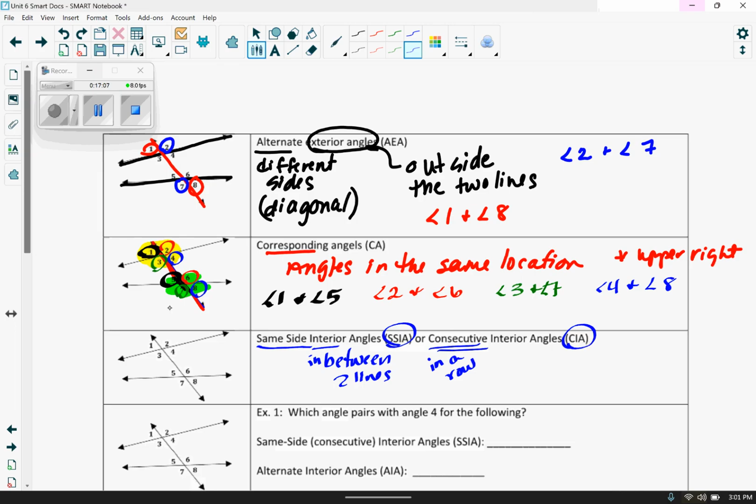So here's my little red line. Same side interior. So here's in between. This is going to be in between. Or we're looking at these guys. So the ones that are on the same side would be like 3 and 5, or angles 4 and 6.